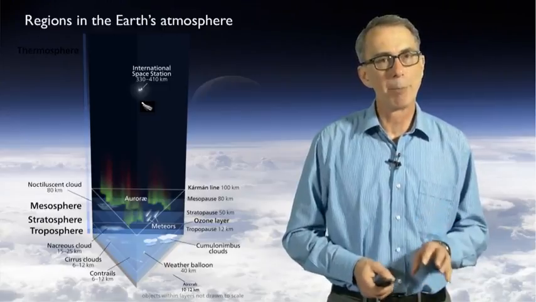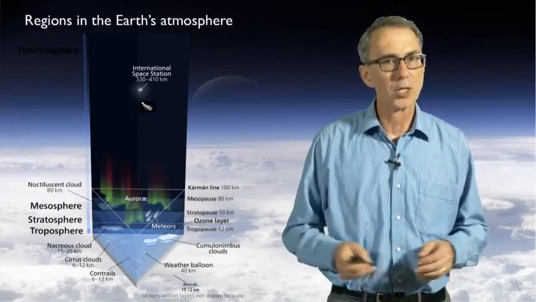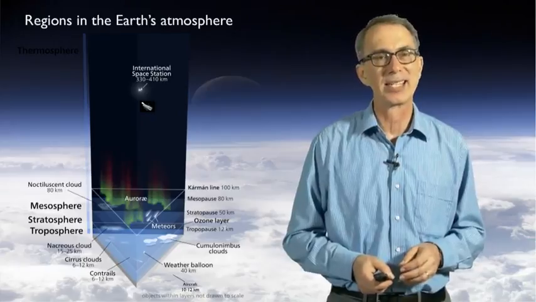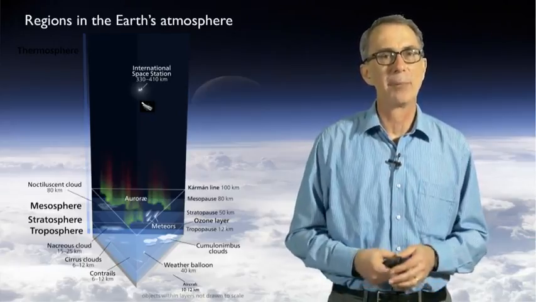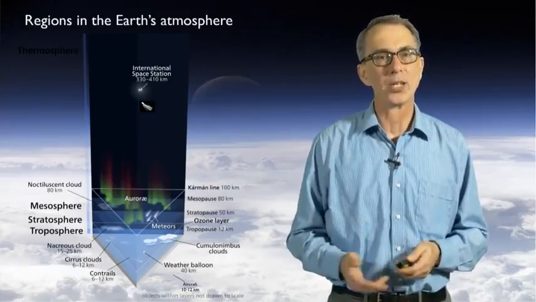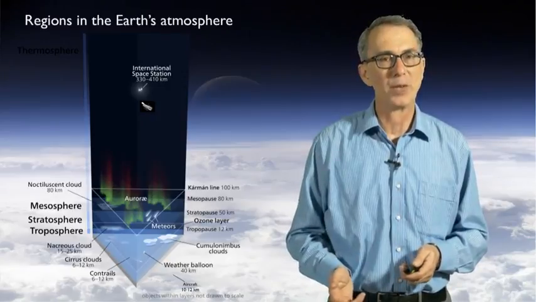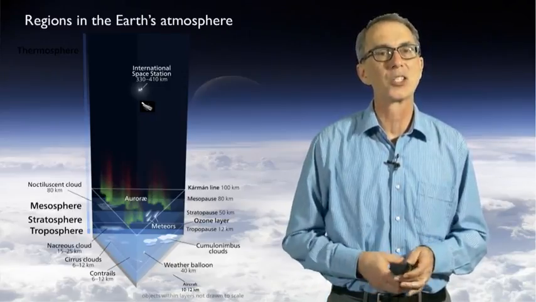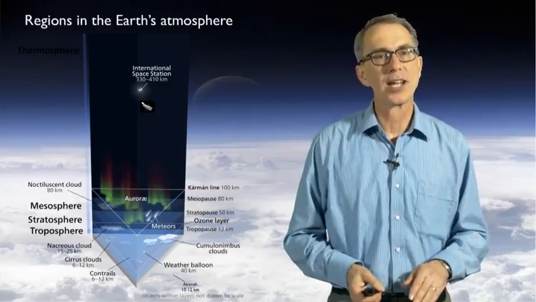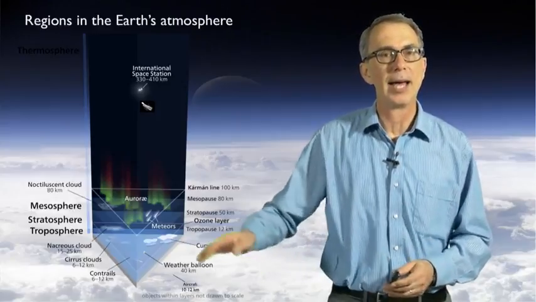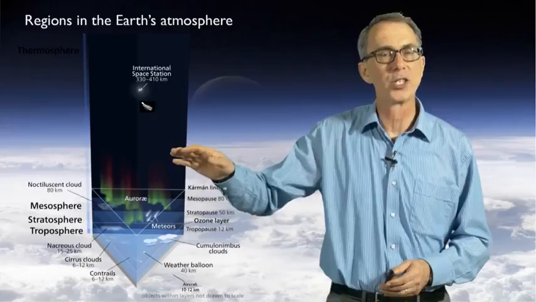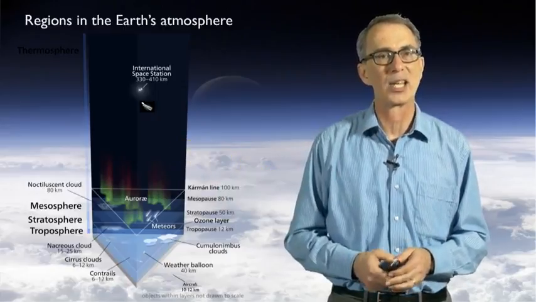Now, what's really important is that the long-lived greenhouse gases I described in the last lecture, gases like carbon dioxide, are well mixed throughout the lower atmosphere, the troposphere, as well as the stratosphere. But their concentrations decrease as you go up and up through the atmosphere, as the density of the atmosphere gets less and less.